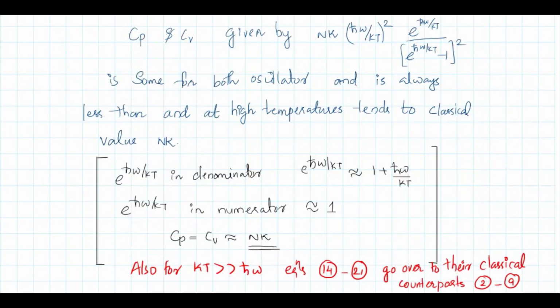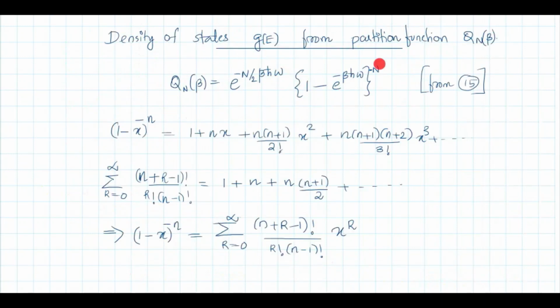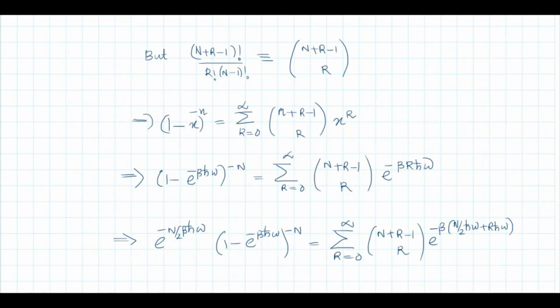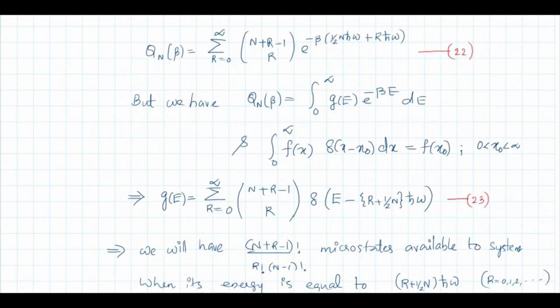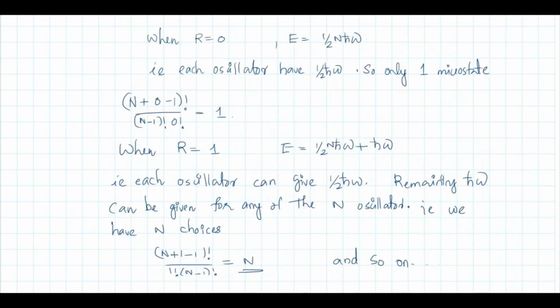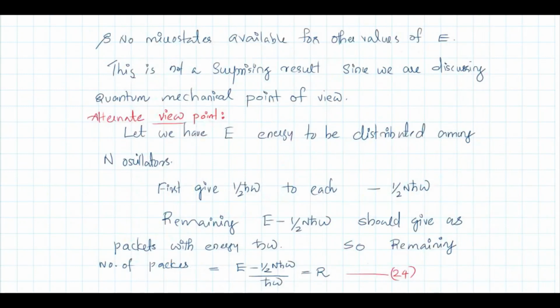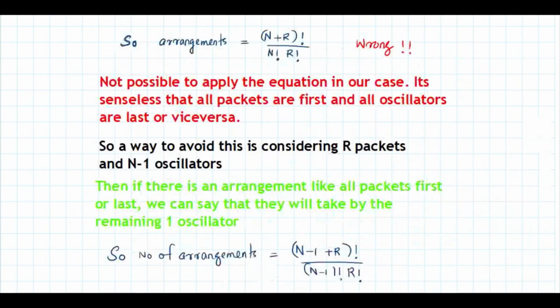Then in the next session, we calculated the density of states. We calculated the density of states in the classical case using the Bromwich integral. In the quantum mechanical case, we calculated the density of states using binomial expansion. And in an alternate viewpoint, we again calculated the density of states, and in both cases we obtained the same expression.